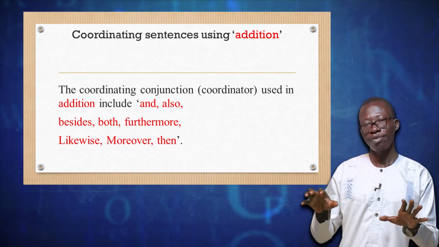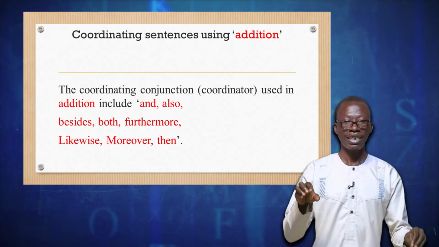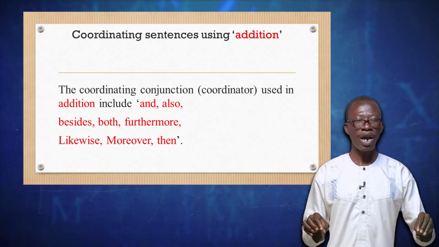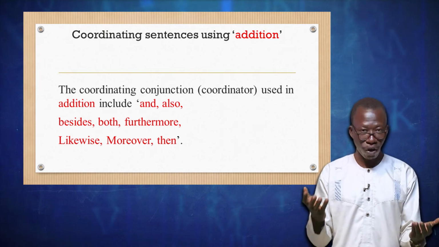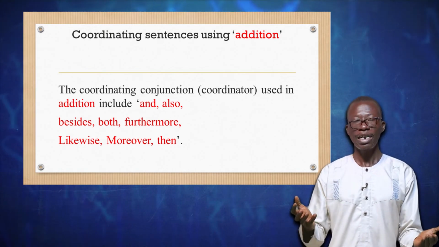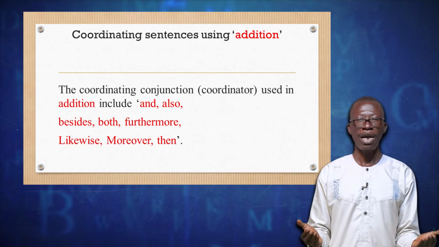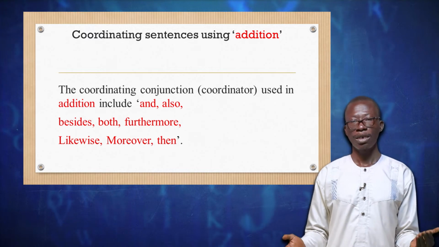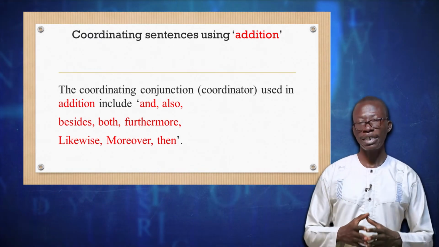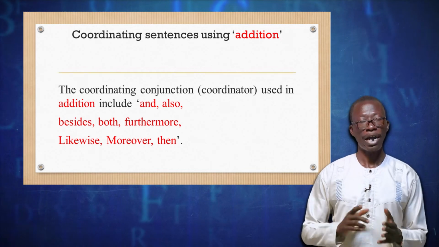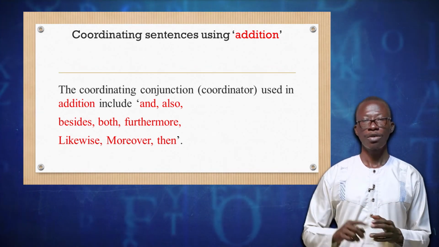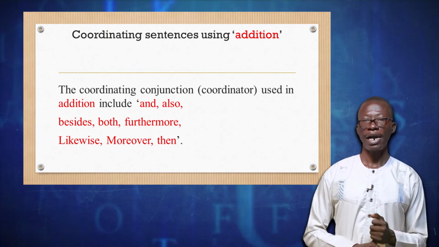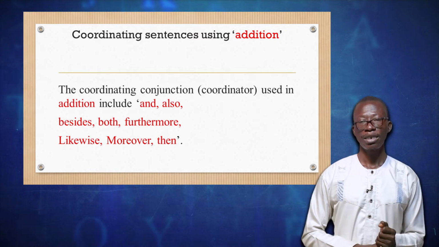So let's take note. Anytime you want to use a coordinator, or a coordinating conjunction, it simply means you are putting equal weight on your independent clauses in your compound sentence. Anytime you are doing this, and what you are providing is additional information, we have these coordinators available to us: we can use and, also, besides, both, furthermore, likewise, moreover, and then.